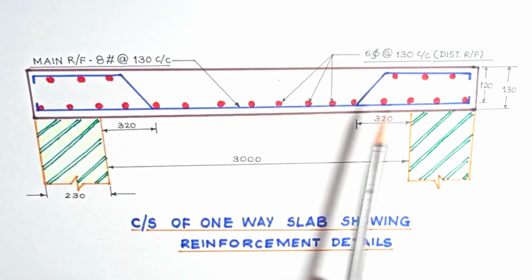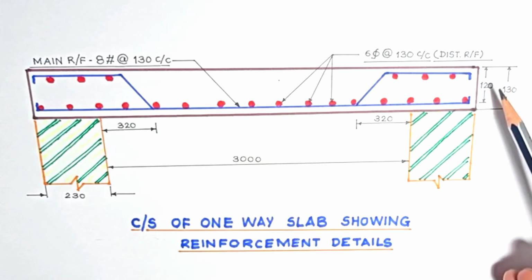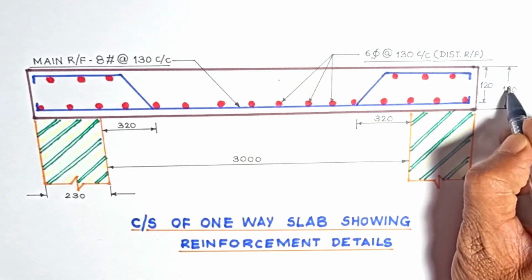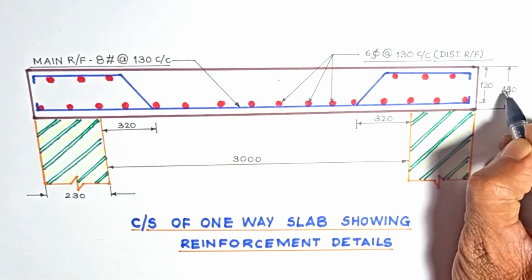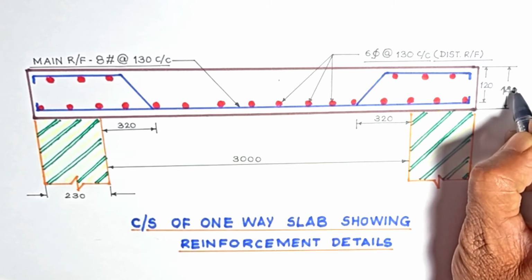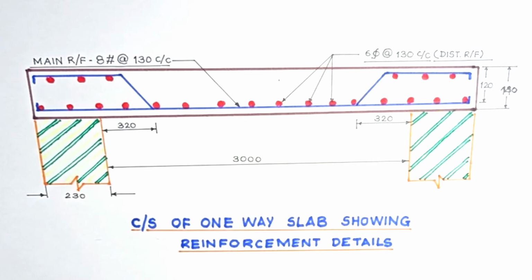Now this is a one-way slab whose effective depth is 120 mm and overall depth is 140 mm. So let me correct it. It is 140 mm. Then the clear span is 3 meter.